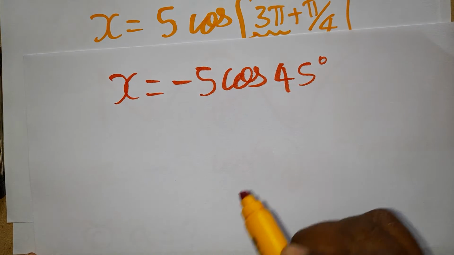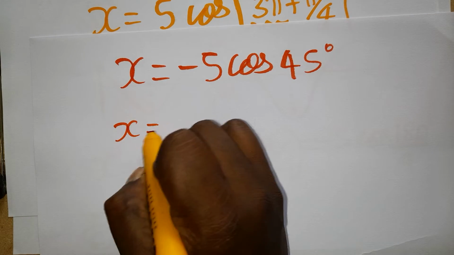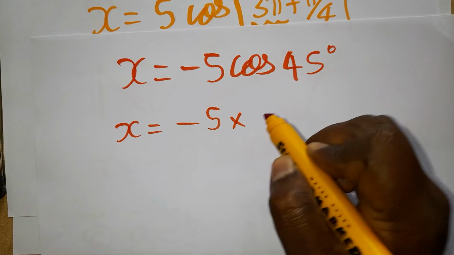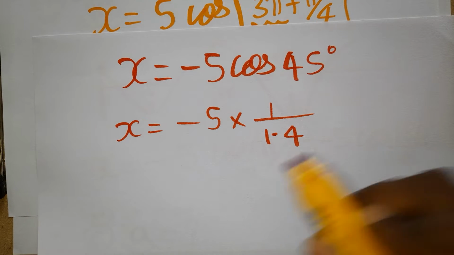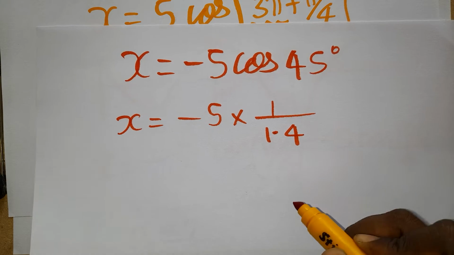What is cos 45 degrees? 1 by root 2, which is 1 divided by 1.4 something, so we will get 0.707.